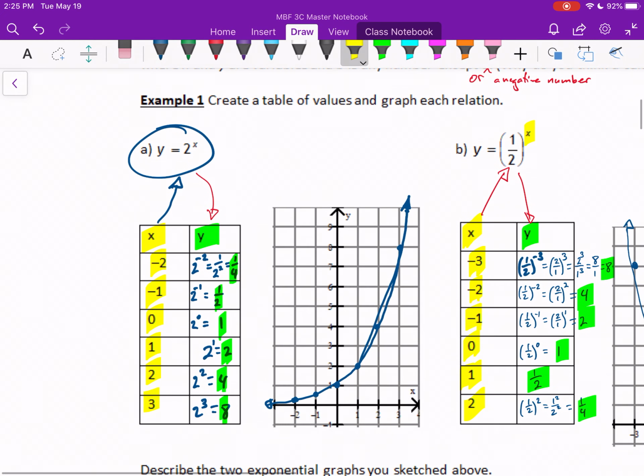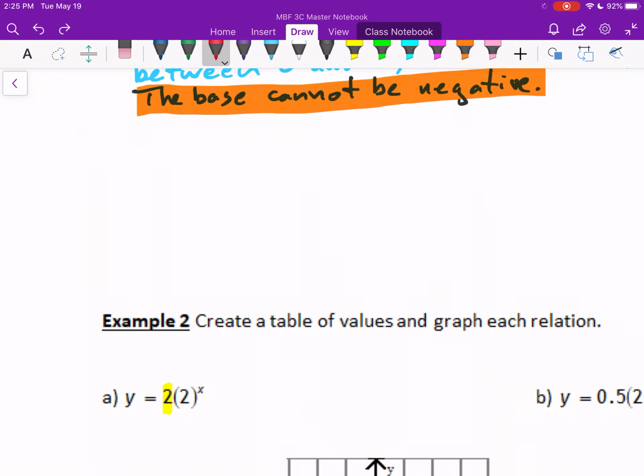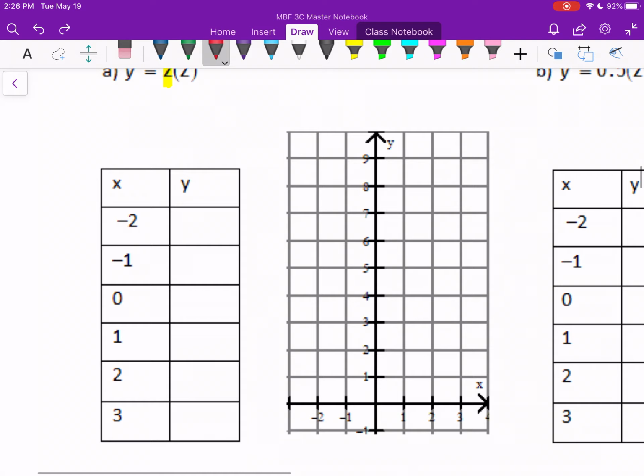In other words, I already know that 2 to the -2 equals 1/4. If I multiply that by 2, I'm going to get 1/2. 1/4 times 2 equals 1/2. So I can save myself a little bit of time and fill in this table here.